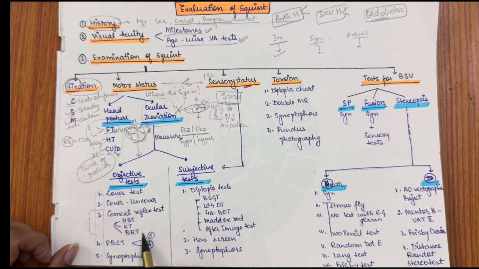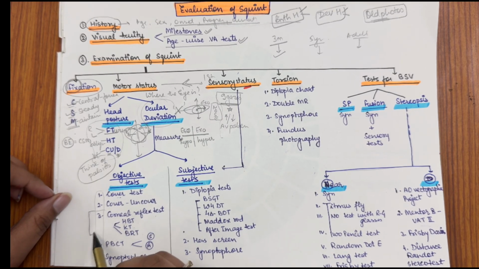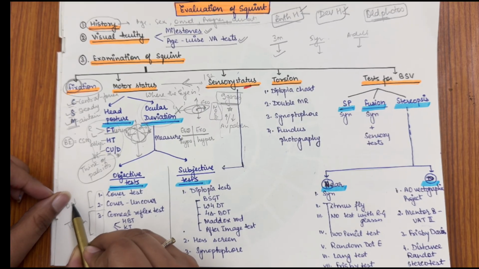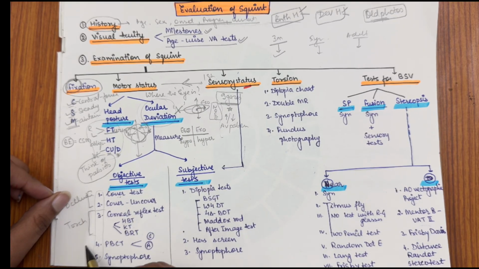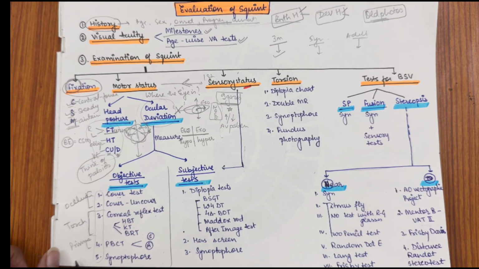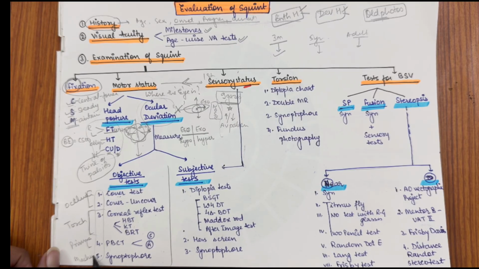Bruckner reflex test. So these tests you do with the help of a torch, these with an occluder, and then prisms, and if nothing is working, you go for a machine like the synoptophore.